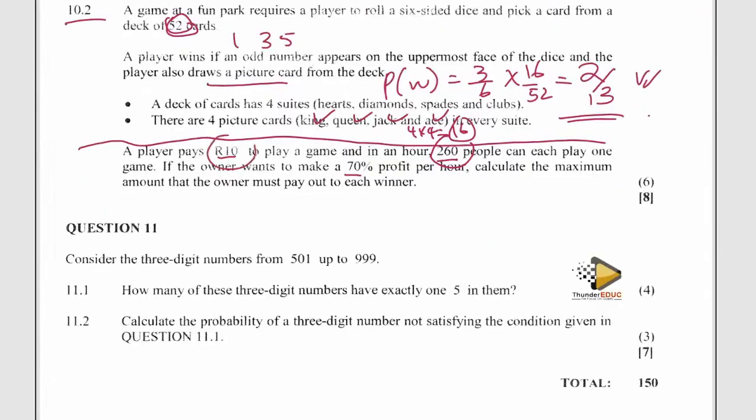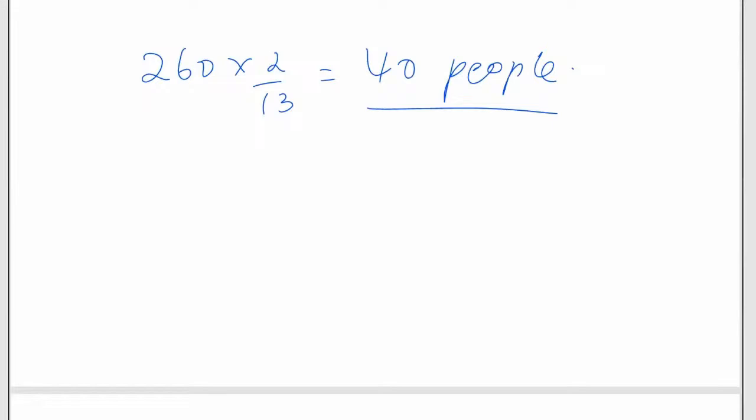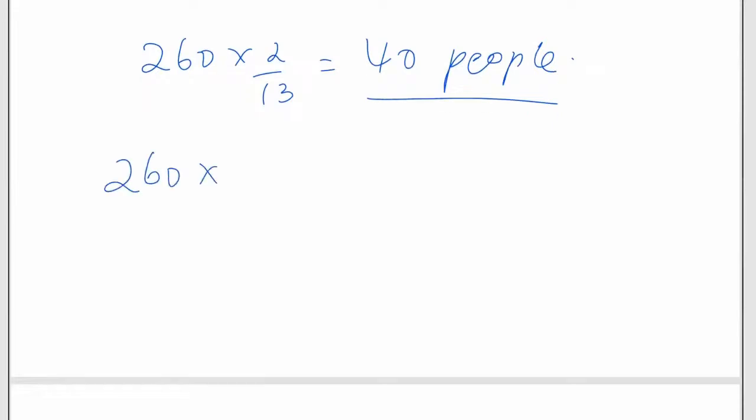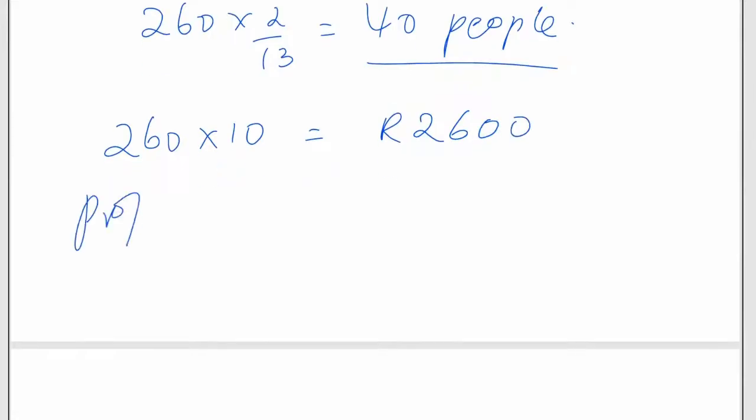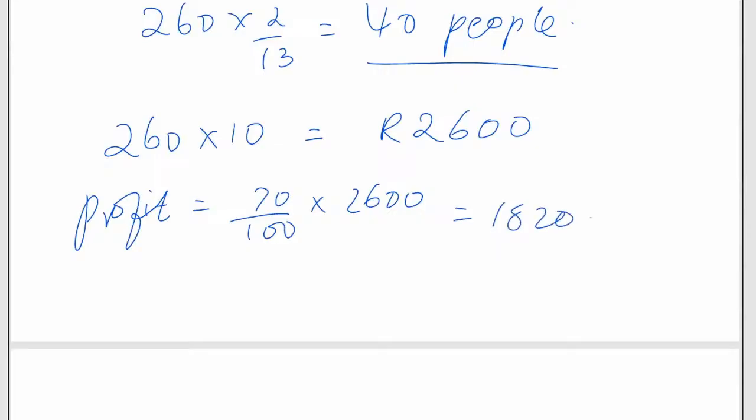Then the 260 people are each contributing 10 rands, which means we can collect a maximum of 2,600. And then the profit, which is 70%, 70/100 multiplied by 2,600, gives me 1,820.